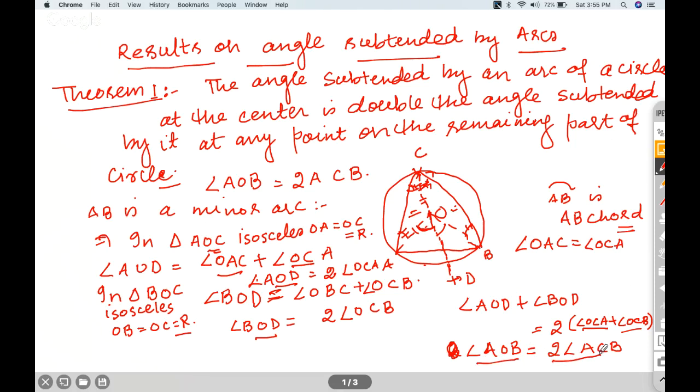So angle AOB is equal to 2 times angle ACB. So this is how this has to be proved. Now let me go to another theorem.